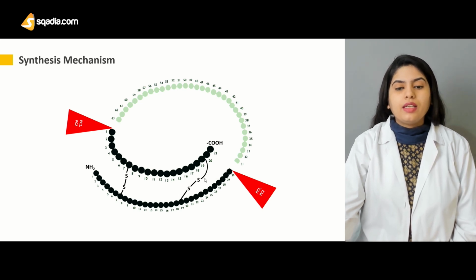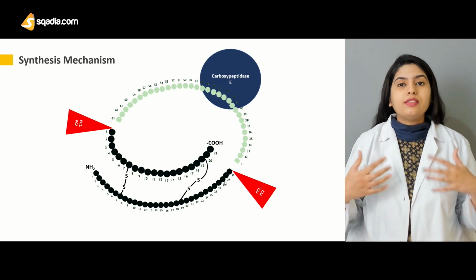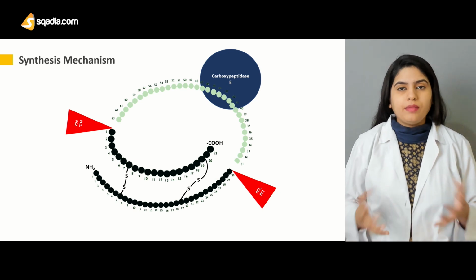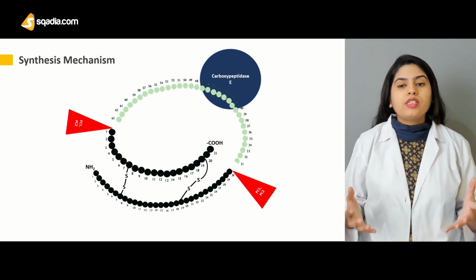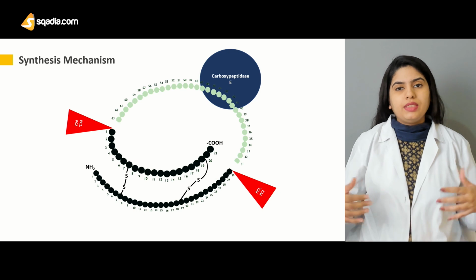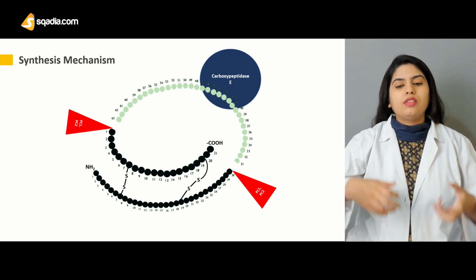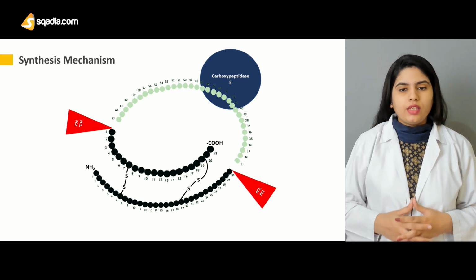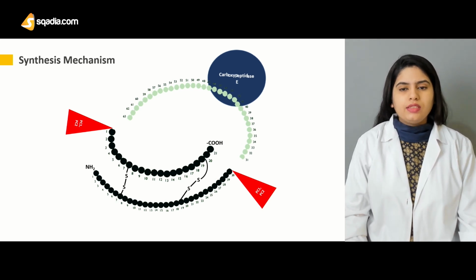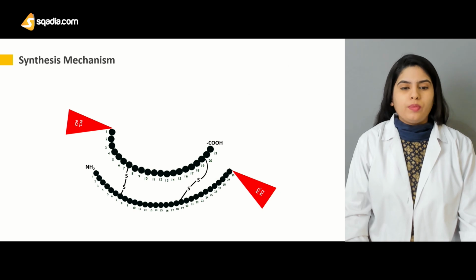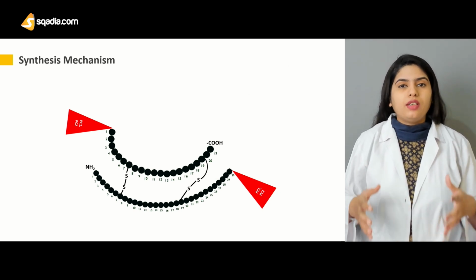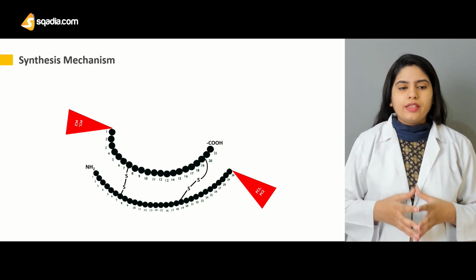After that cleavage, there is another enzyme involved, known as carboxypeptidase E. This carboxypeptidase E is basically involved in the removal of the C chain from the granule. So this C chain will be removed from here, and the remaining is the mature insulin that is ultimately formed inside the granule.